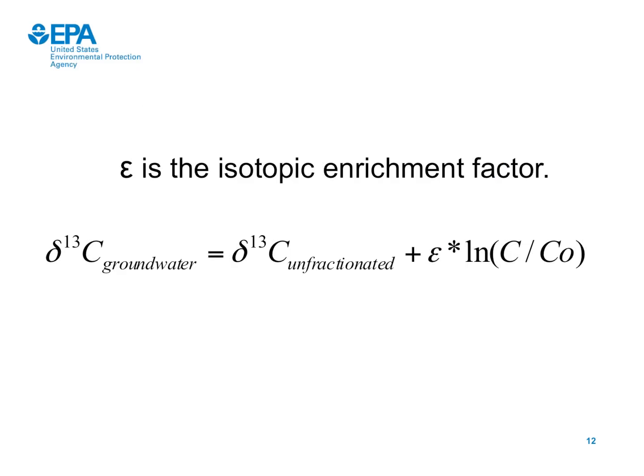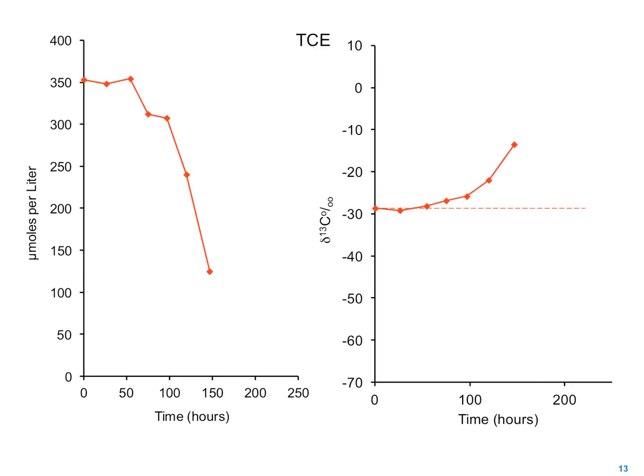So the actual delta 13C of the TCE or whatever you have in the groundwater is equal to its original value before it started to fractionate during biodegradation, plus epsilon, which is the enrichment factor, multiplied by the natural log of the normalized change in concentration. Next slide.